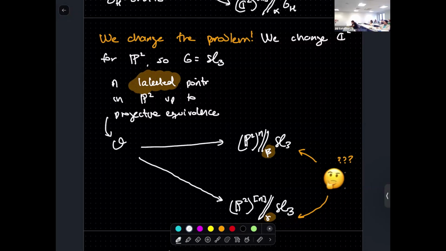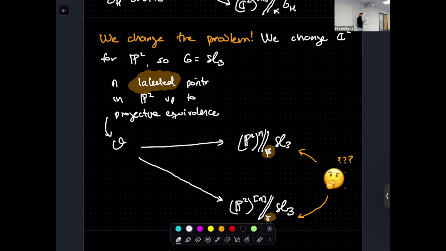If I consider labeled points, then I can either take this quotient, in which this is the solution, where you just let the points collide, or you can consider this quotient in which you let the P2 break.